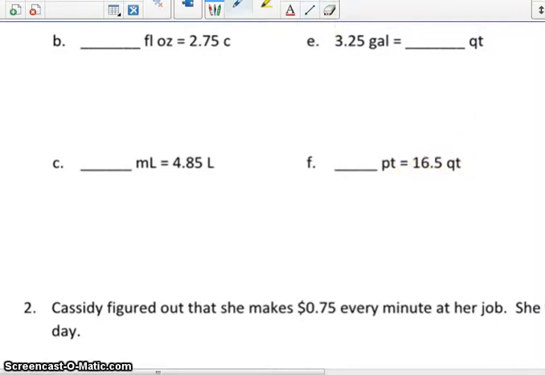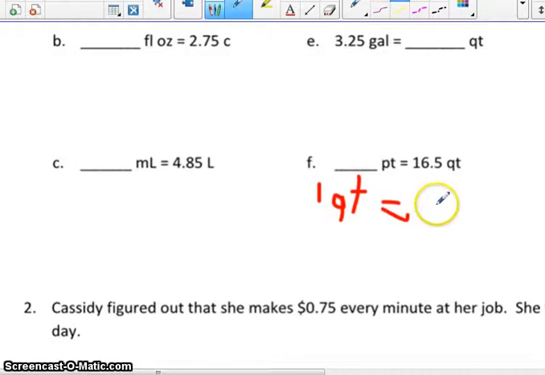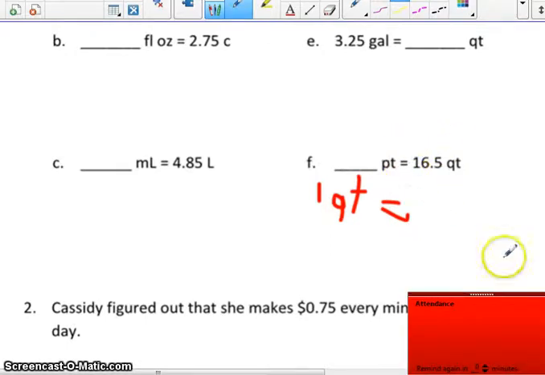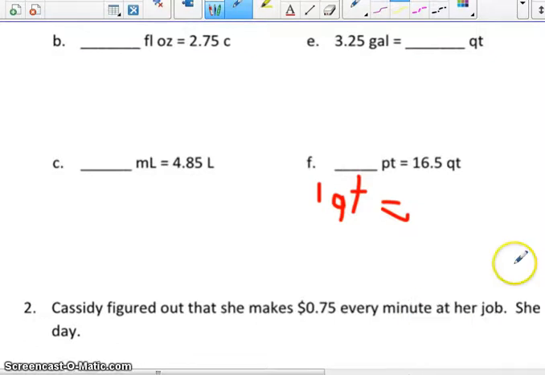Anyways, how many pints are in 16.5? Well, I always do this, guys. Ready? Watch. 1 quart. I need to get the basic stuff down first. 1 quart equals 2 pints.